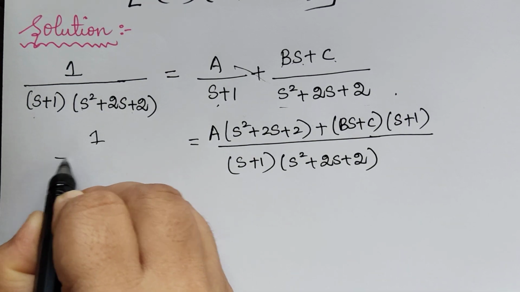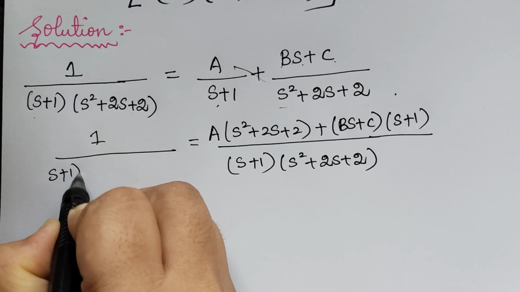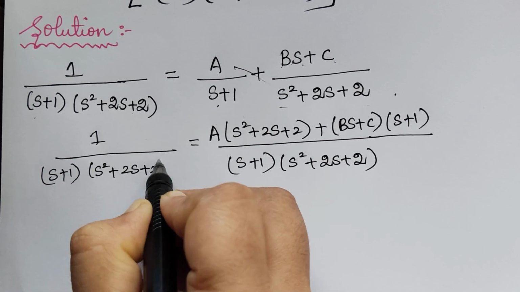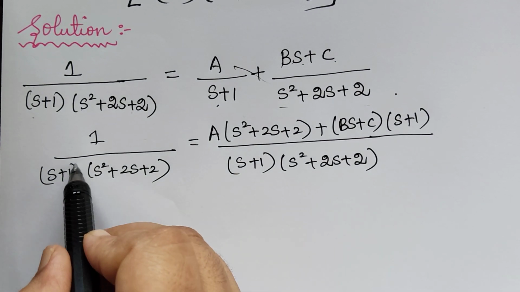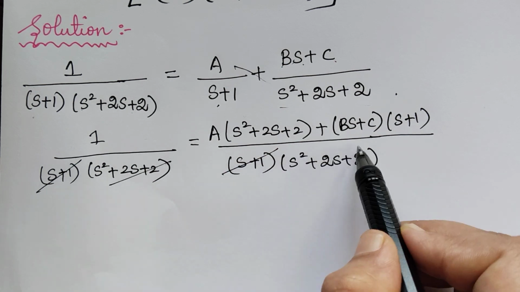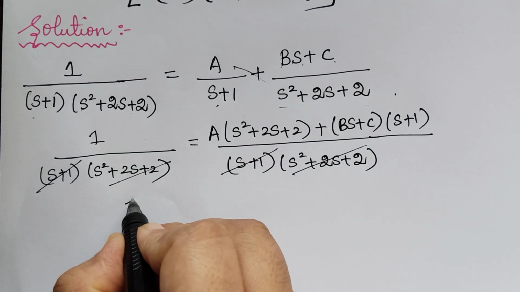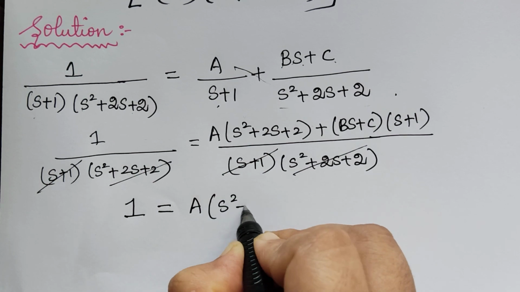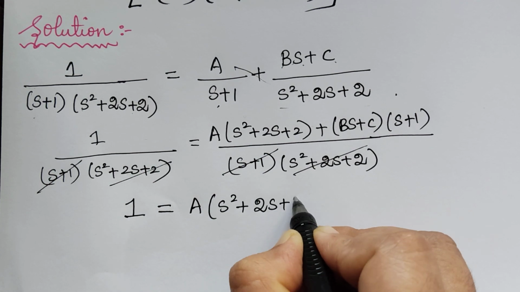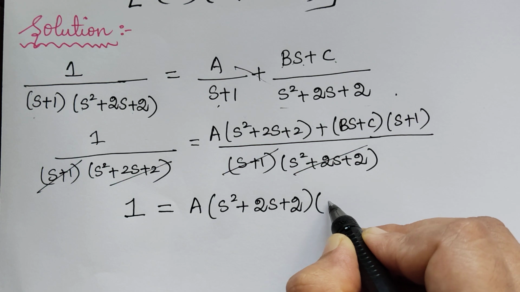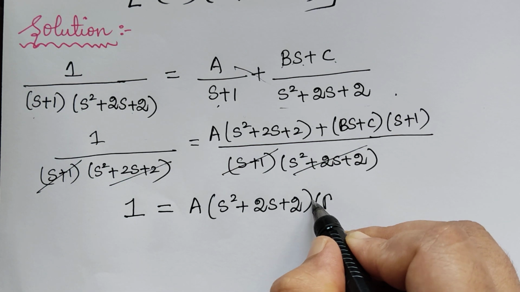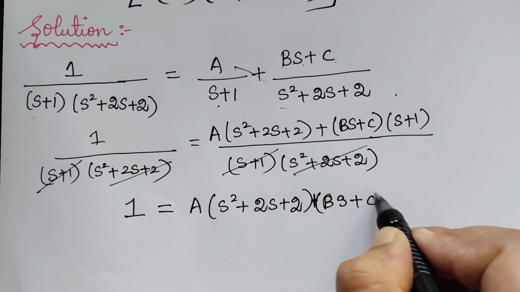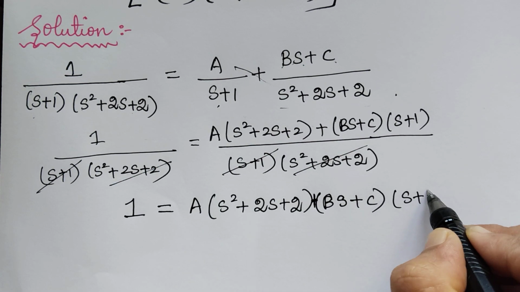On the left, we have the terms as they are, so s plus 1 in the denominator and s squared plus 2s plus 2. Now if you see on both the sides, s plus 1 can be cancelled and this also has to be cancelled, and so we get 1 is equal to A multiplied with s squared plus 2s plus 2, plus Bs plus C multiplied with s plus 1.